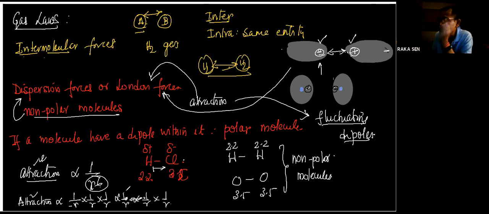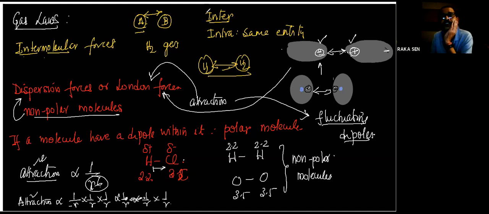A little bit of difference in the distance between these two molecules is going to make a hell of a lot of difference in terms of attractive forces. That means if the molecules are a little bit away from each other, the attractive forces will essentially vanish. That means there will be no attraction at all.